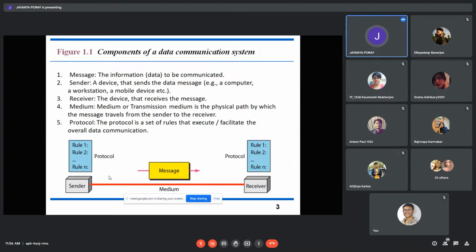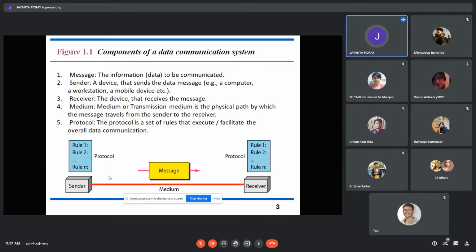Rajrupa, you or other students, that should be your point: what are the components of a data communication system through which it is formed? We can brief it using five different components. One is the message, which is the information or data I want to communicate.